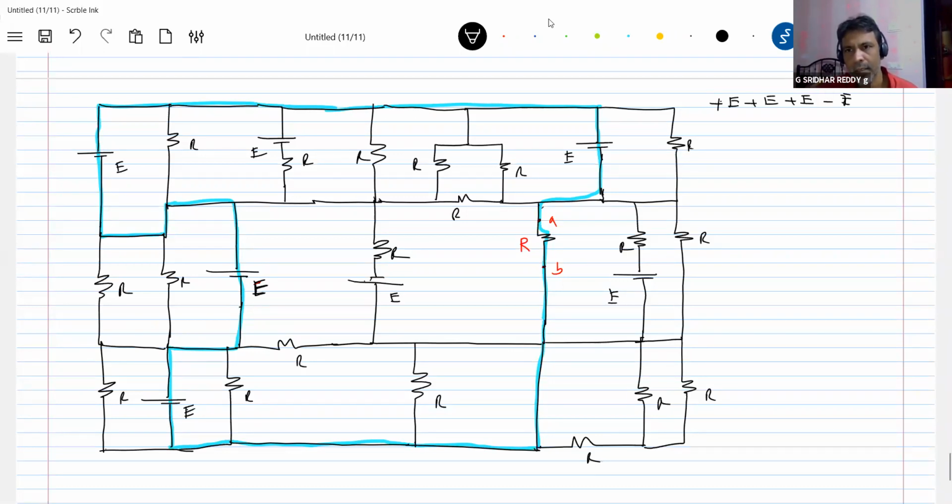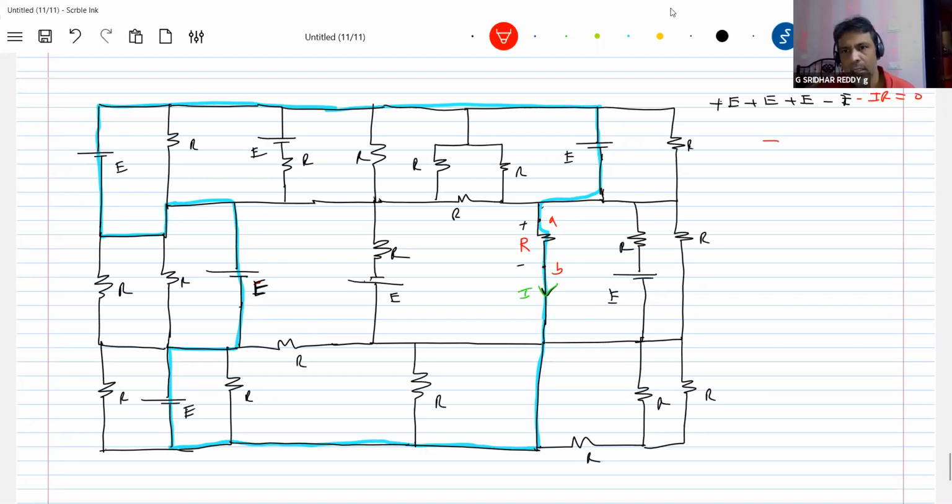So the total resistance we encounter is R. Then we assume the current. Let it be in this direction. We assumed it. Then minus E. So the path is like this: plus E, plus E, plus E, minus E, minus IR equal to 0.